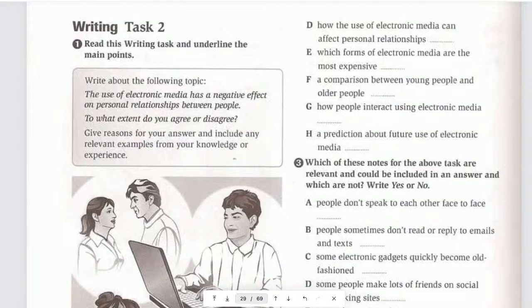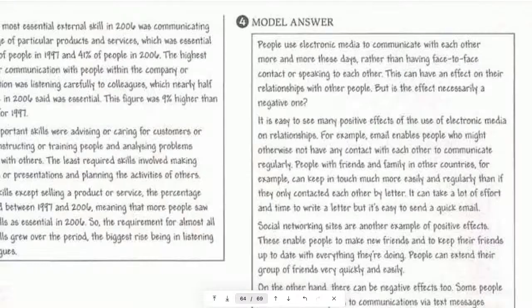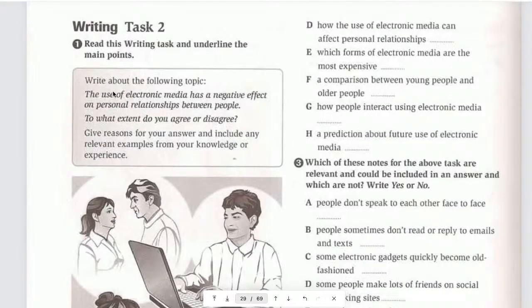What's the purpose of that? And then, this can have an effect on their relationships with other people. So actually the first two sentences are just a paraphrasing of the statement in the topic, okay?